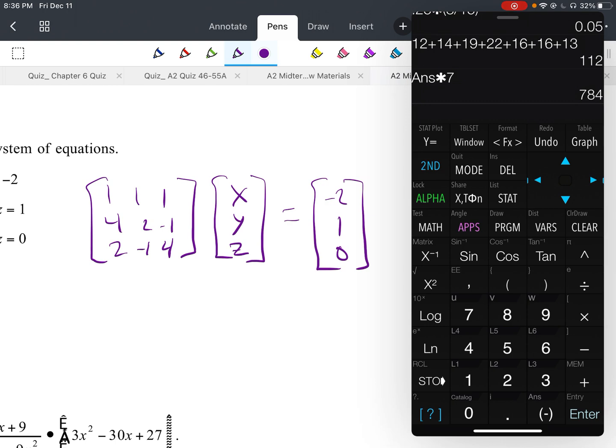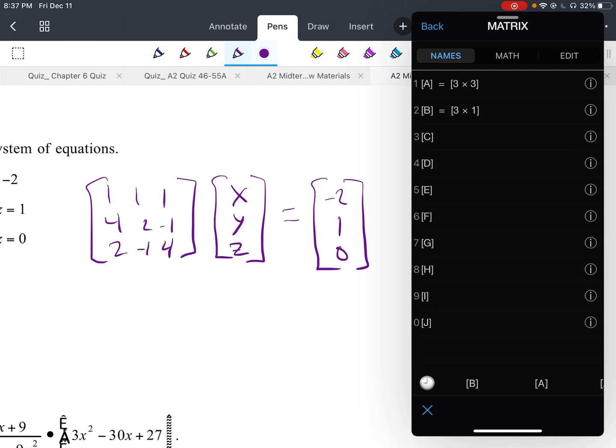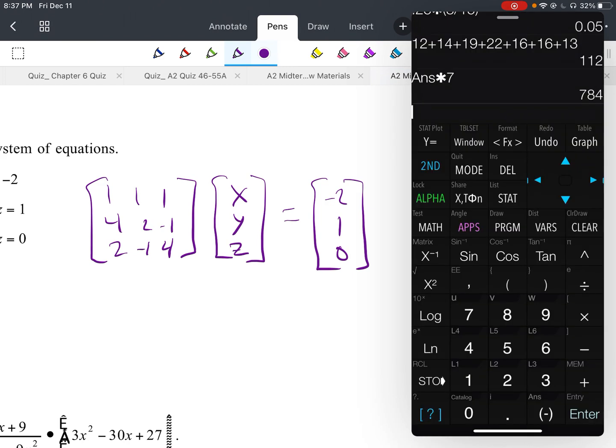Now, the key is to understand how to break this down. The calculator can do a lot, but you still have to have the brains behind it to make it work. So go to matrix, and we'll do our 3 by 3 here. Oops, told you we need brains. I ain't got mine right now.